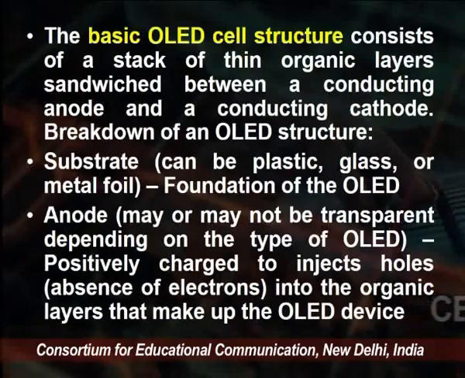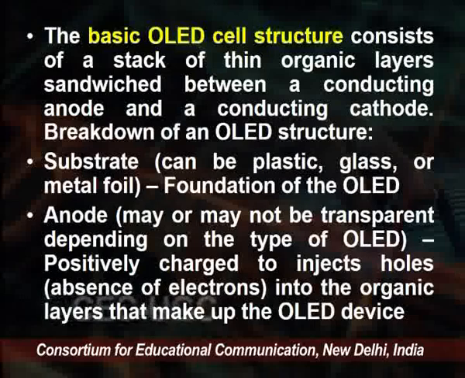So first is the substrate in the structure of the OLED, which is plastic, glass or any metal foil. The next important part is the anode, which may or may not be transparent depending upon the type of OLED. It is positively charged to inject holes, meaning the absence of electrons, into the organic layer that makes up the OLED device.